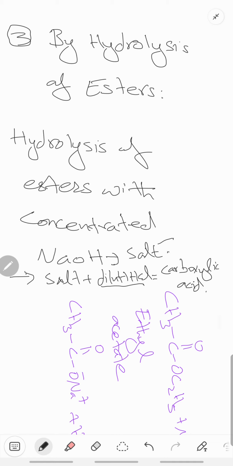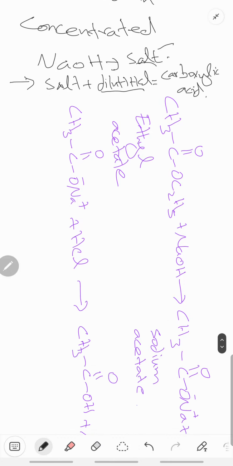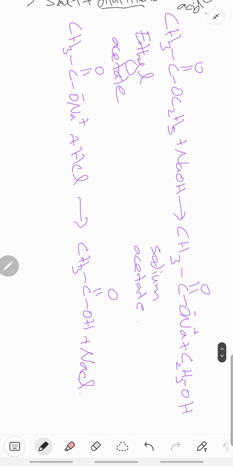And the third one is from esters. What we are doing here is hydrolyzing esters with concentrated sodium hydroxide, and it will give us the salt. That salt, in the presence of diluted HCl, gives us the carboxylic acid. And here is the reaction for it.